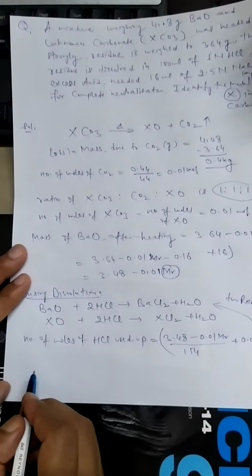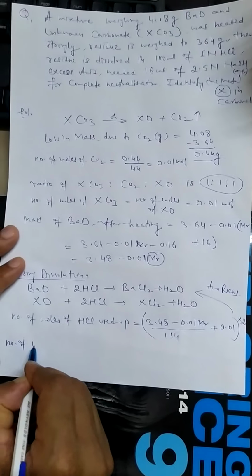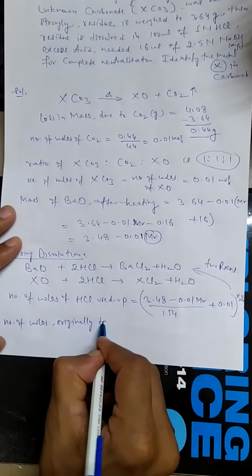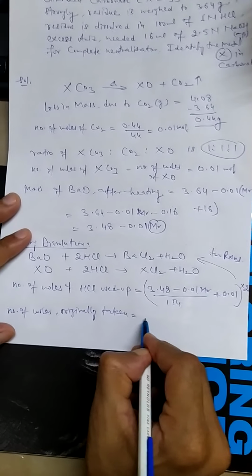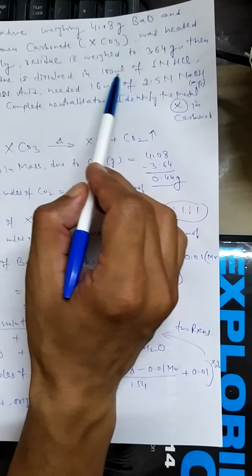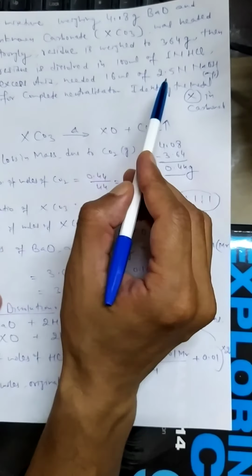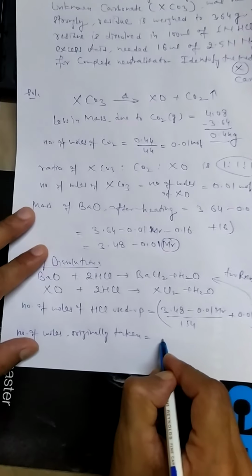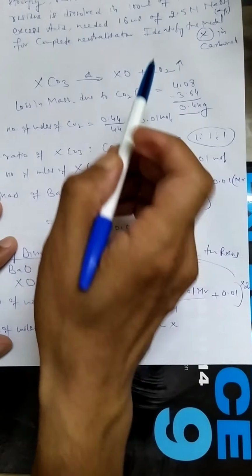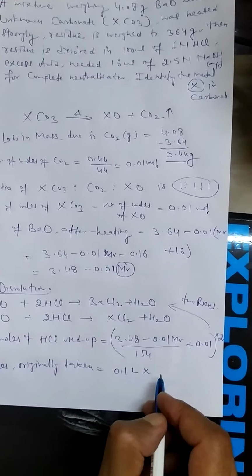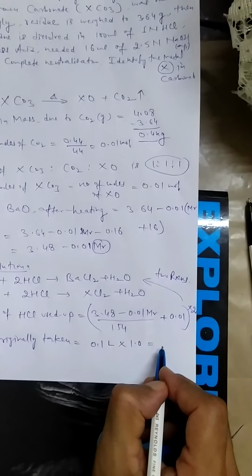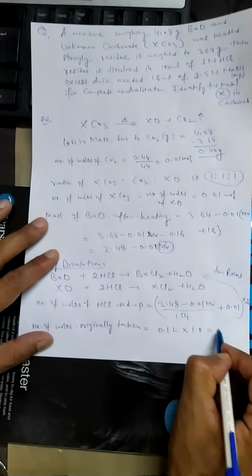Now, how much is the number of moles of HCl originally taken? So you got the concentration is 1 normal and volume is 100 milliliter. So that becomes 0.1 liter becomes the volume because 100 is given, and multiplied by 1.0, which is the normality. So that becomes 0.1 mole.